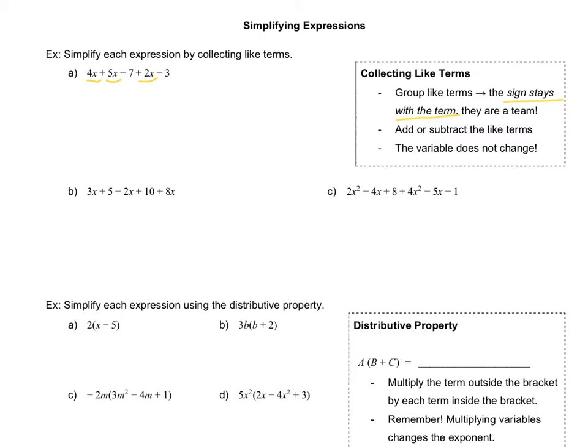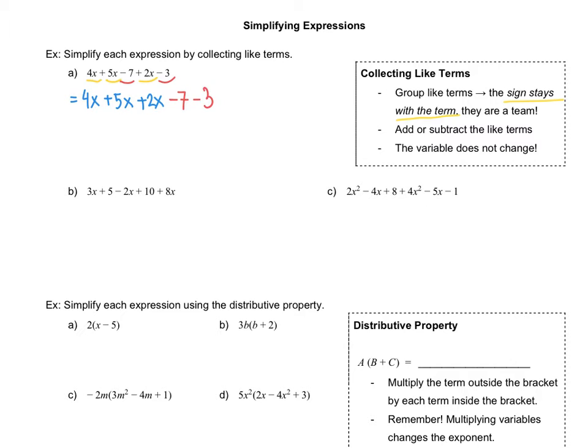In the same example, -7 and -3 are also like terms. First, I'm going to rearrange this and put all of the x's together. So I have positive 4x, positive 5x, positive 2x. And then for my constants, I have -7 and -3. The sign came with it.